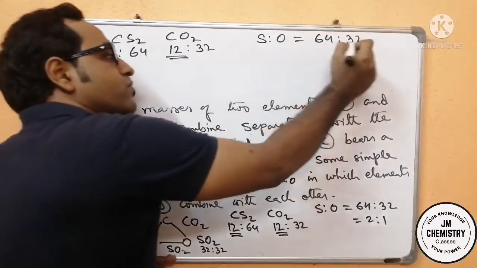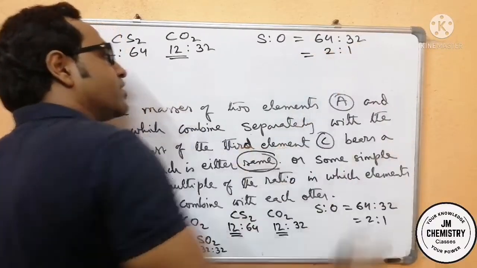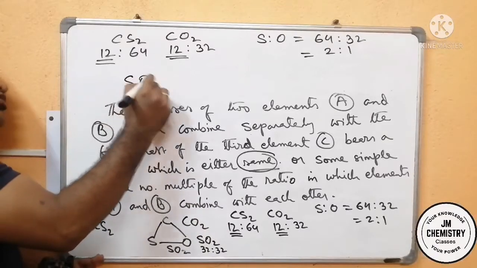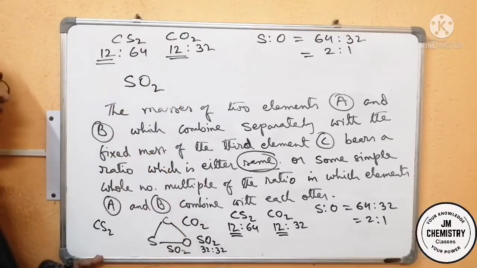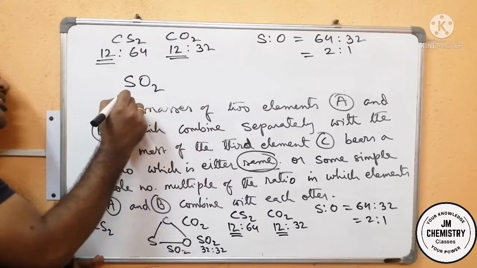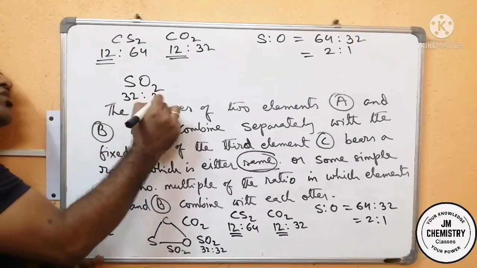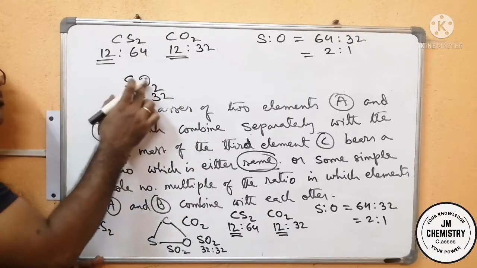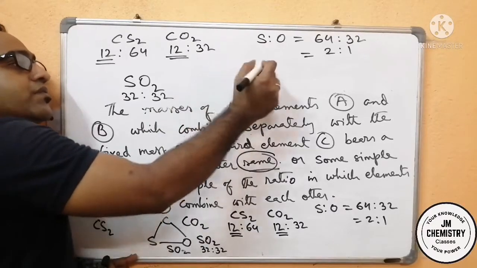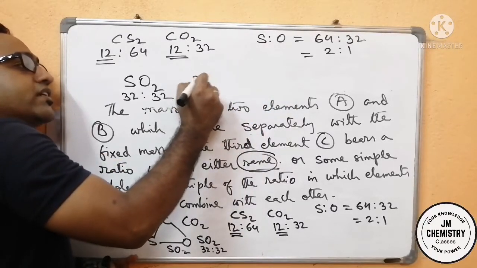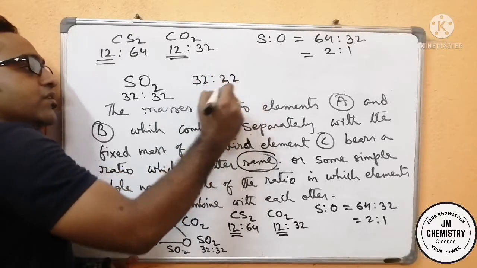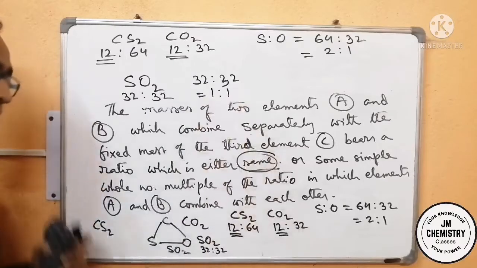Now this ratio, which is actually 2 is to 1, should be either the same as the ratio in sulfur dioxide, in which sulfur and oxygen combine. Sulfur and oxygen combine in the ratio 32 is to 32, so that is 1 is to 1.